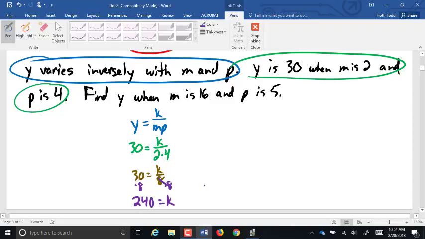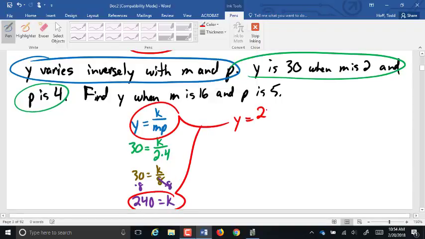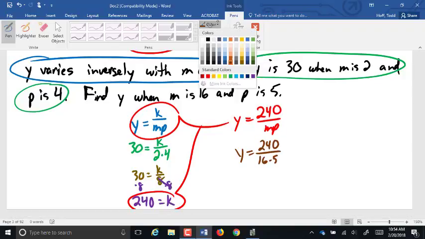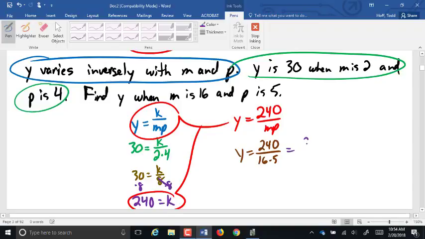And then y equals 240 over mp. And then y equals 240 over 16 times 5. And then y equals 240 over 80, which is 3.